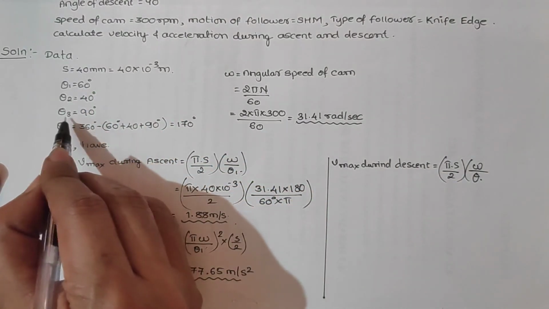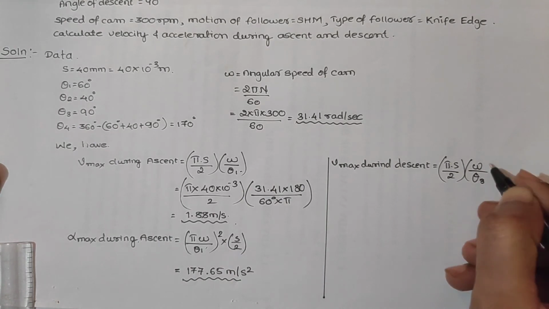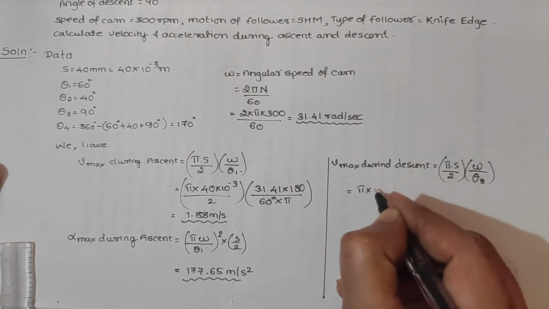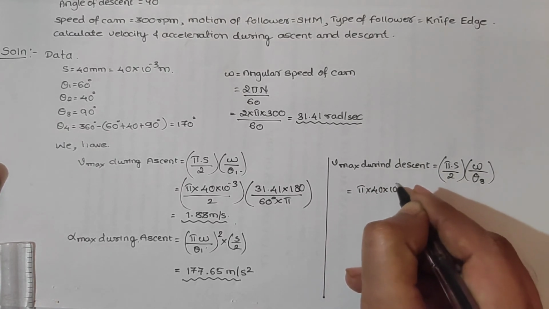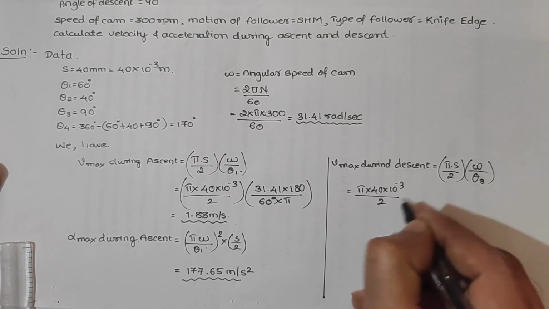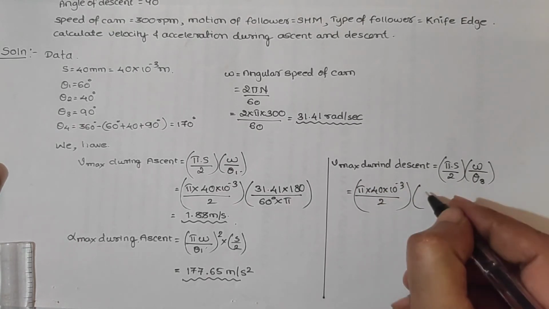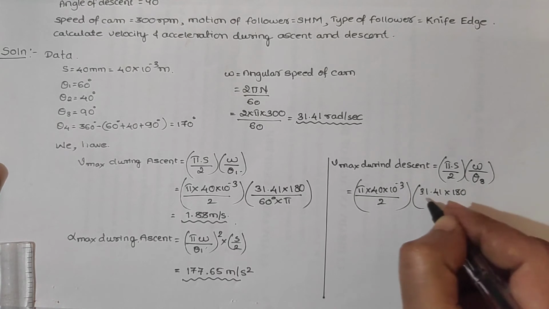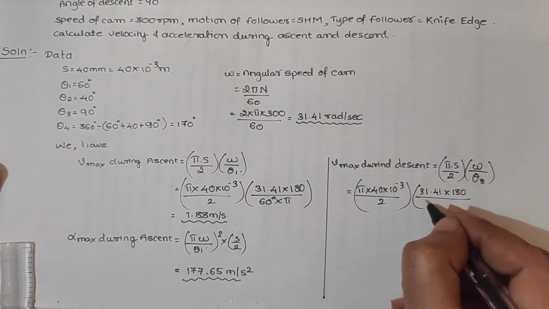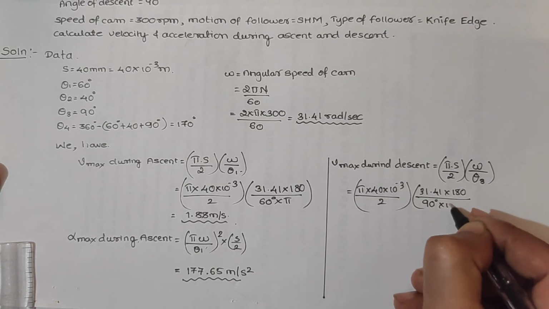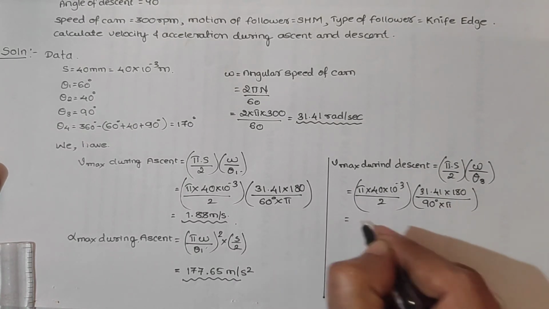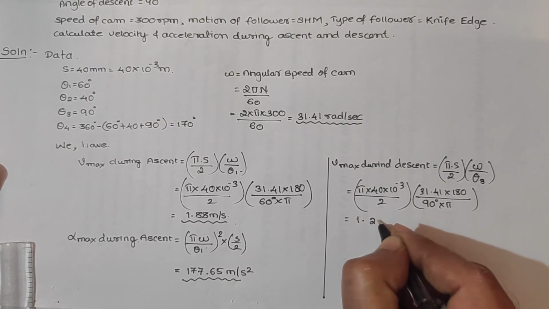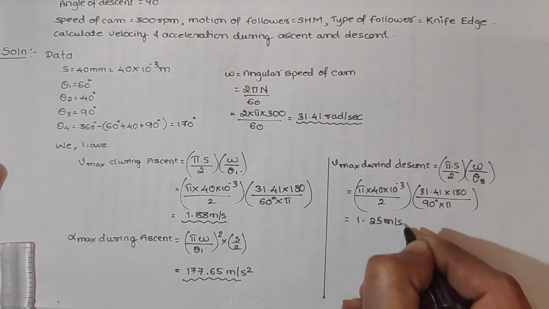For descent we have to use theta 3. So we will be getting pi into 40 into 10 to the power minus 3, whole divided by 2, bracket, omega 31.41 into 180 divided by theta 3, which is 90 degree into pi. So the answer for this one will be 1.25 meter per second.